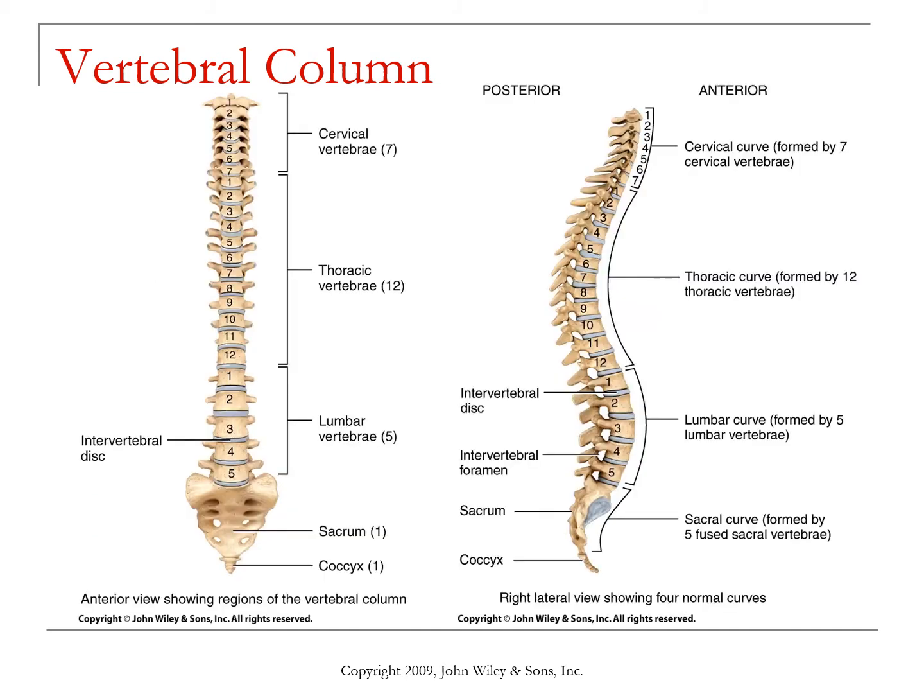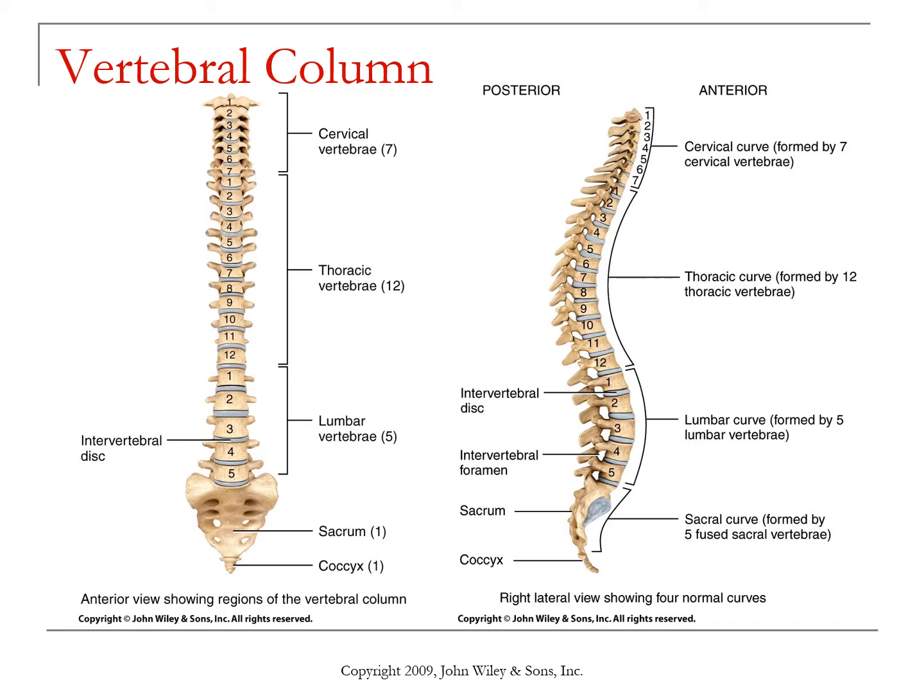So in a healthy individual, if you were to look at the vertebral column from an anterior, in this case, or posterior view, the vertebrae would be stacked linearly on top of each other. So in this way, the vertebral column is straight. But in the diagram to the right, you'll see that in a lateral view, looking at the column from the side, the vertebral column in the adult actually has 4 curvatures.